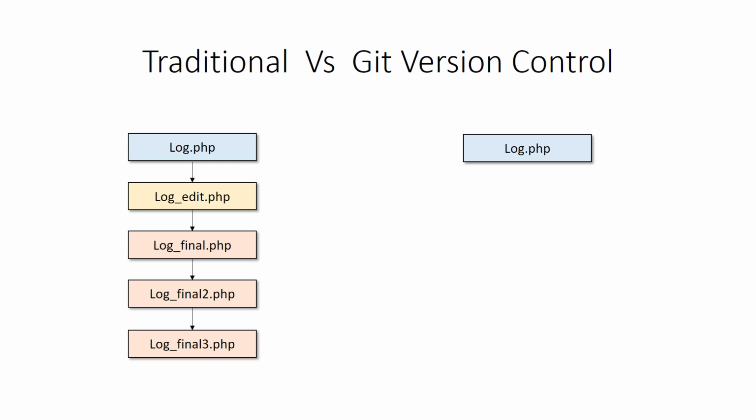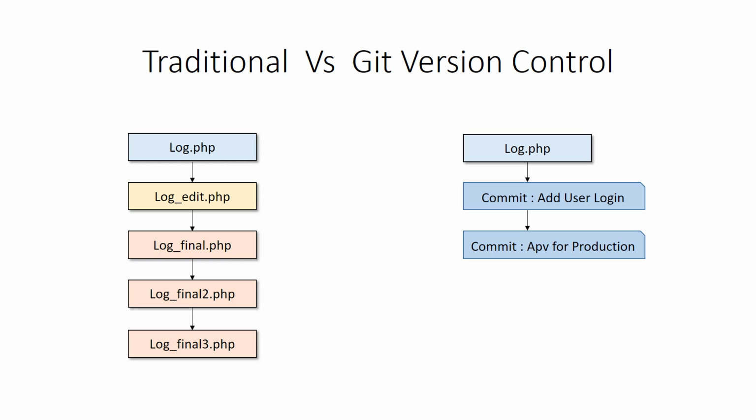You start with the same file, log.php. After you add the new feature to it, you save it into the same file, but you put a commit message to it. Let's say that you add user login to it, so you put that message. After that, when it gets approved for production, you still save it into the same file, log.php, but you put a commit message as approved for production.